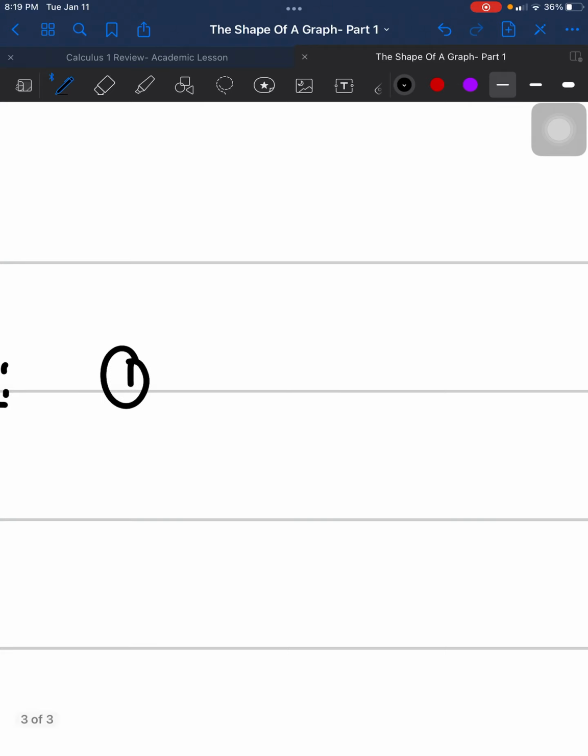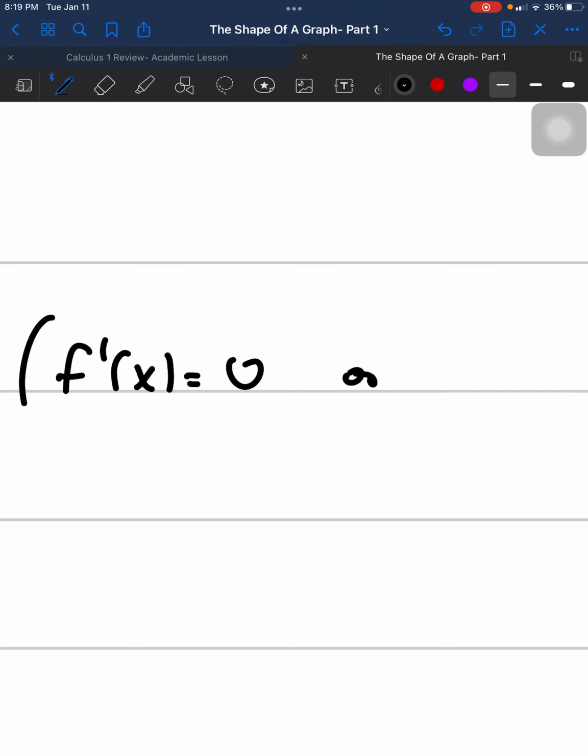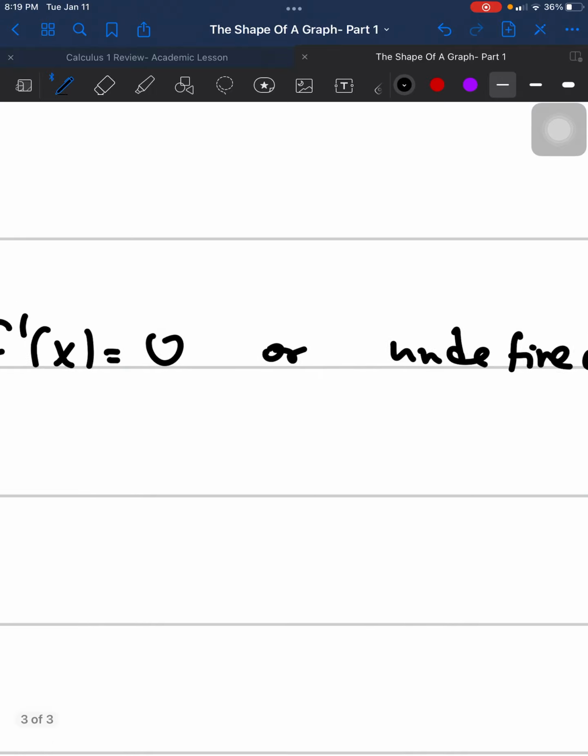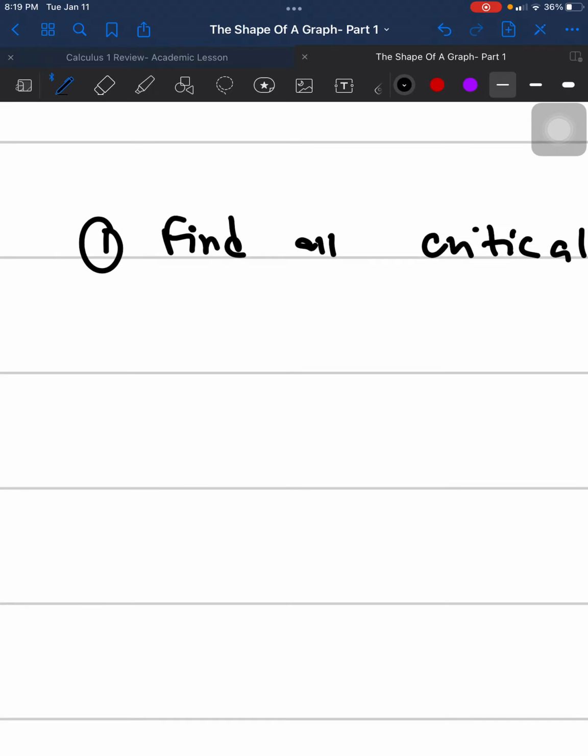So the steps to use the first derivative test are: first, find all critical points. That's basically where f prime of x is 0 or undefined.